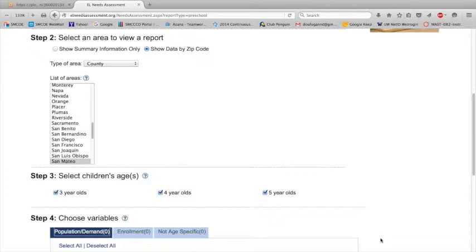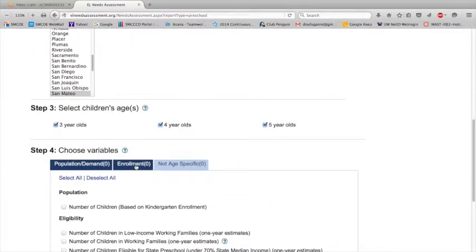And in this case, you're going to be zeroing in on enrollment. So the variable that you're going to choose next is enrollment.